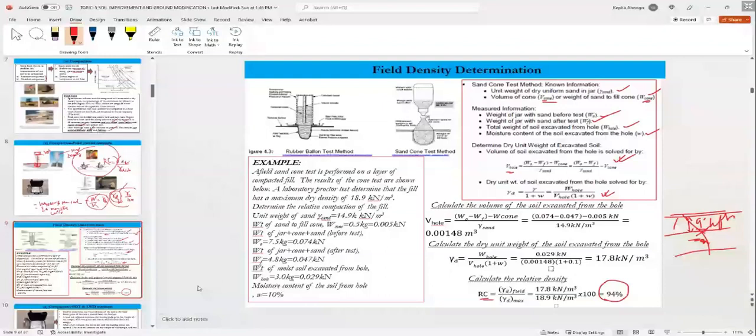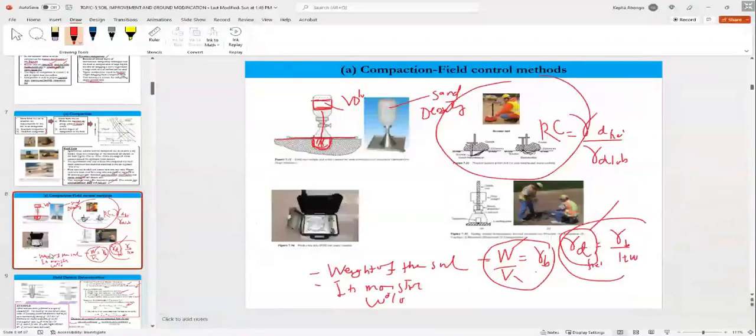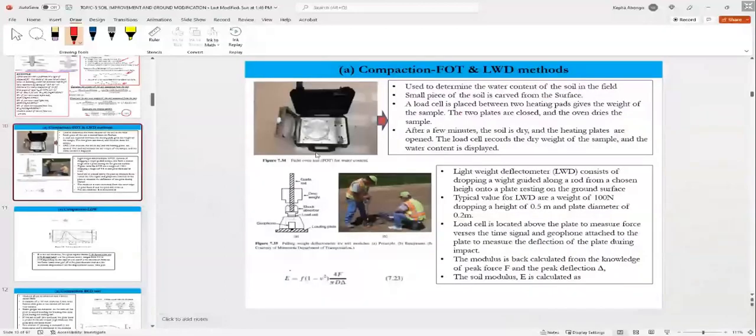Now let's look at the field oven and lightweight deflectometer. I said we can use other methods like the lightweight deflectometer, field oven, or CBR. For the field oven, we have an oven that uses electricity or battery.